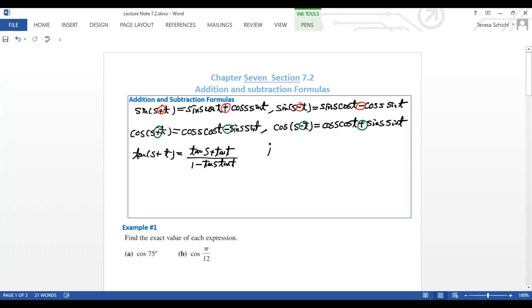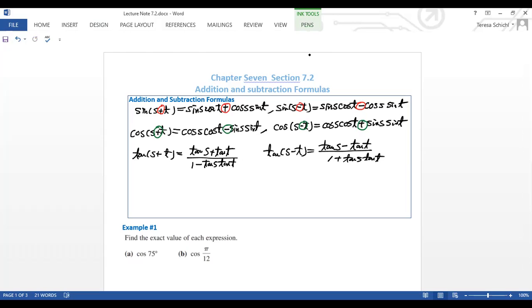If you have tangent of s minus t, it equals tangent s minus tangent t, over 1 plus tangent s tangent t.